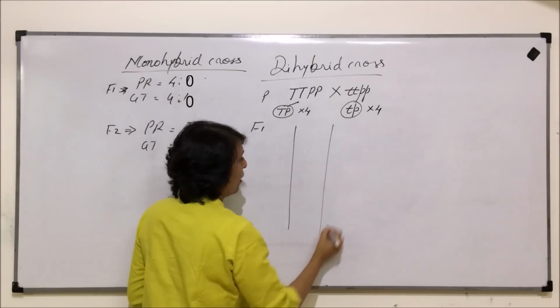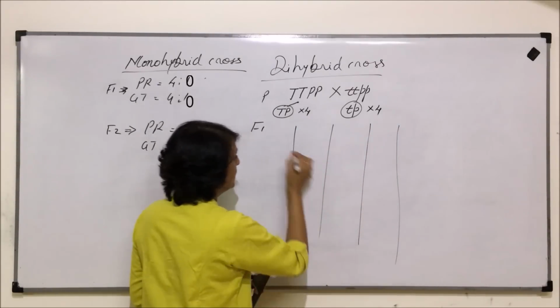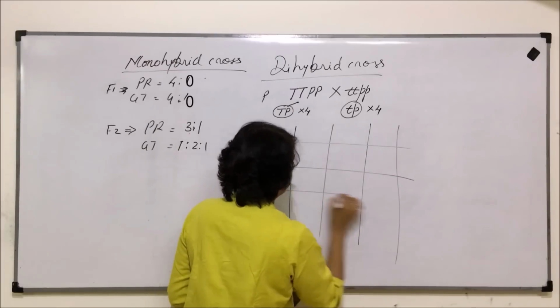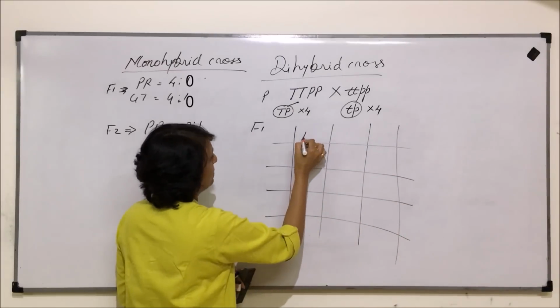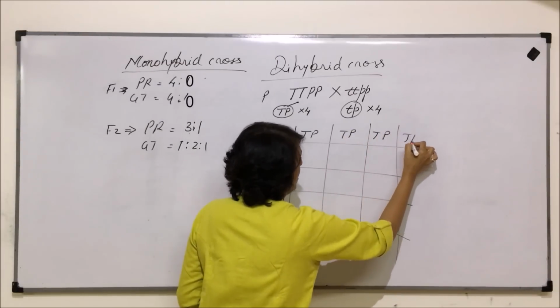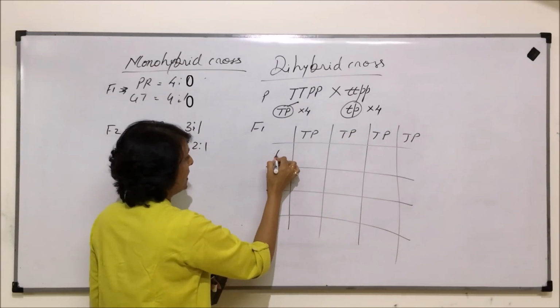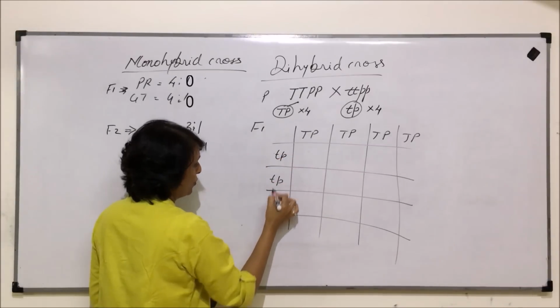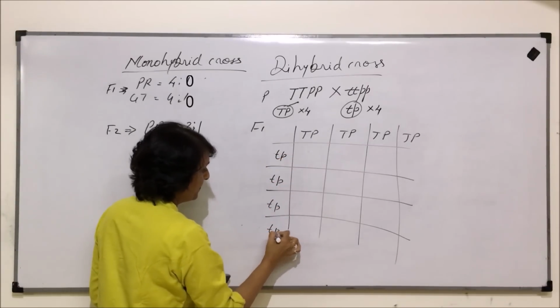If we plot the Punnett square here to find the ratio in F1, let us place TP, the same type of gametes, showing dominant alleles here, and all four showing recessive.